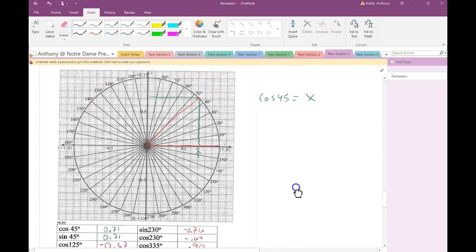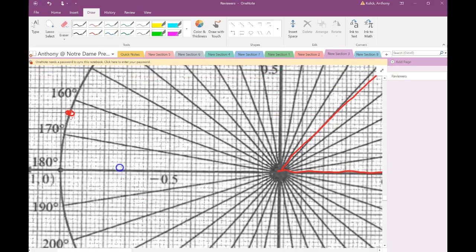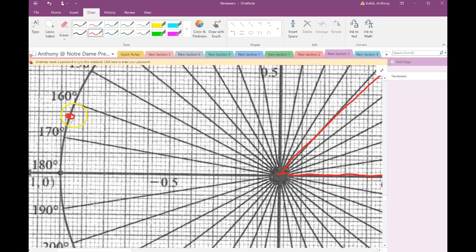Sine of 165. So it looks to me like 165 is right about here. Okay with that? So I will just track over, since we're talking about sine, it's a y coordinate.